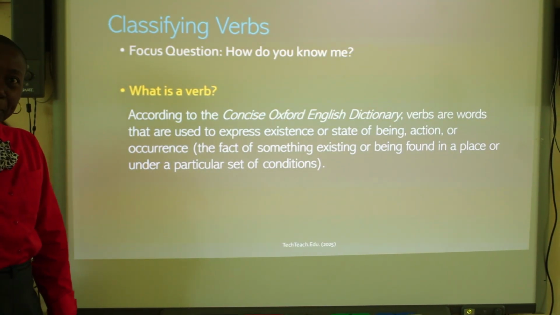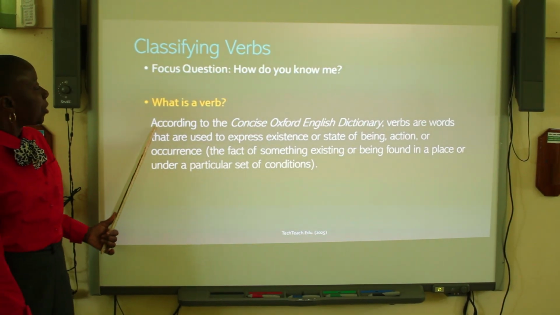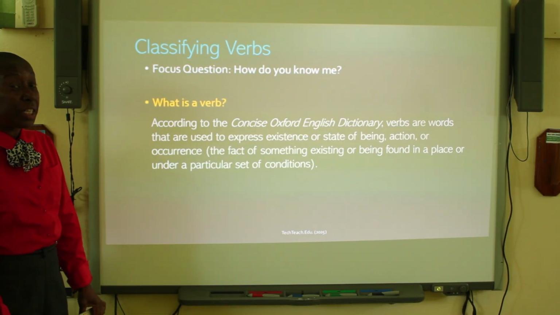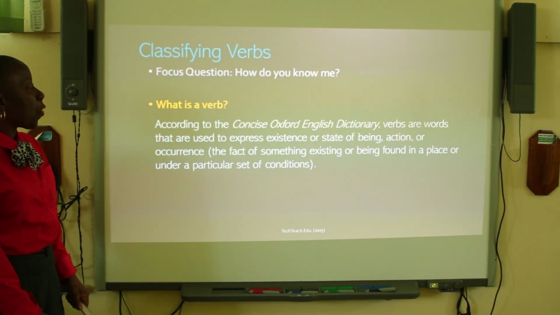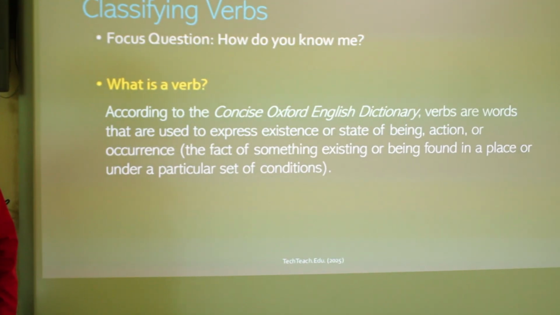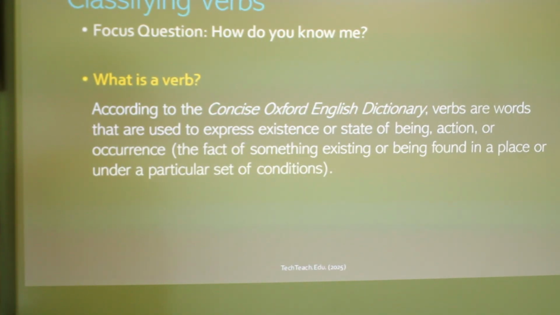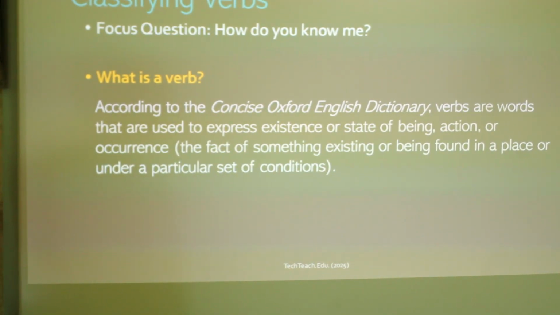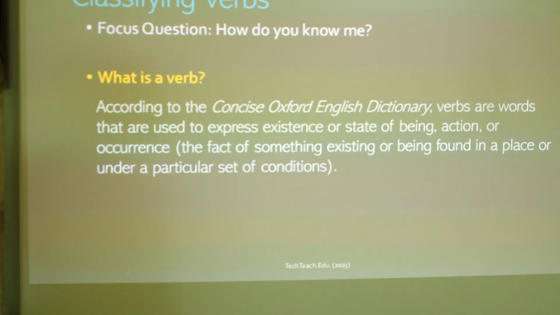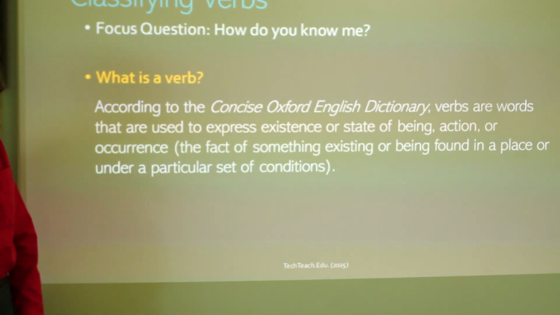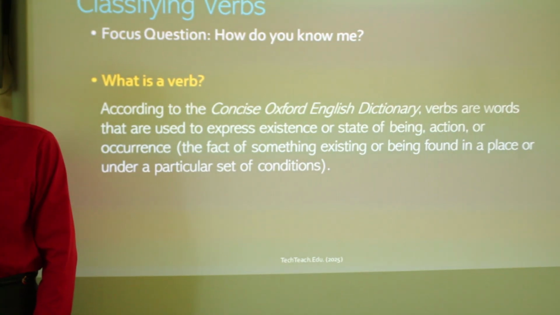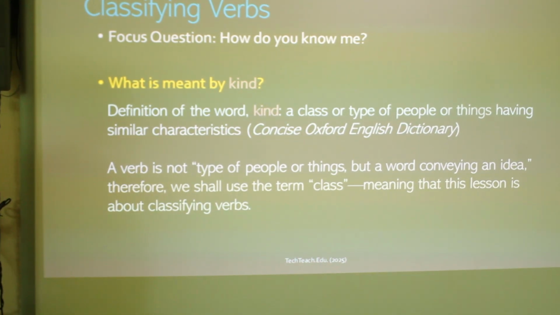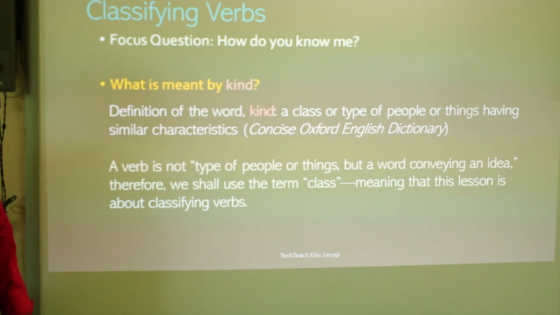So what is a verb? According to the Concise Oxford English Dictionary, verbs are words that are used to express existence or state of being, action, or occurrence. So what is meant by kind?